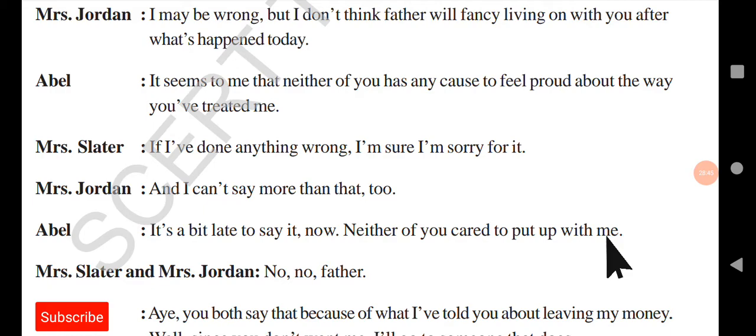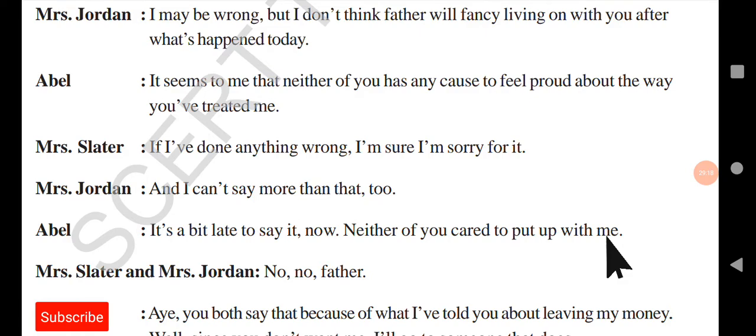But looking at both their arguments and statements, and their trying to take him, Abel Merriweather understands that they're trying to take their father only because of the money, which he told them just before. He said that whoever's house I pass away in, all my things, like my money, my jewelry, everything belongs to them. So now they are fighting to take their father with them. If he passes away in the younger daughter's house, all things will go to her only.